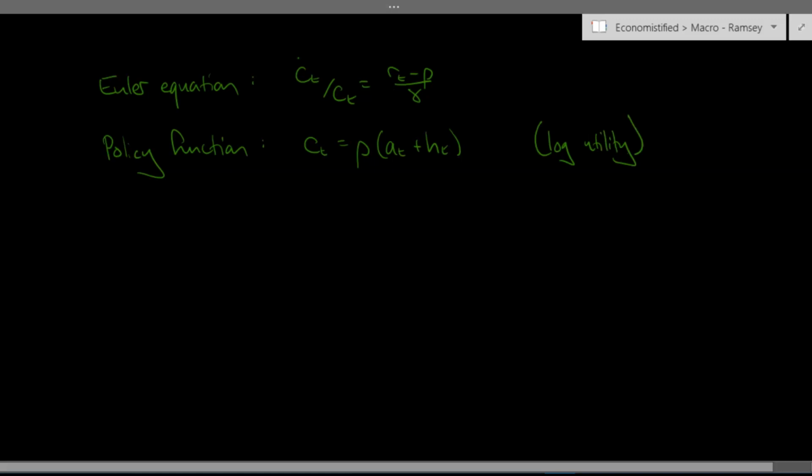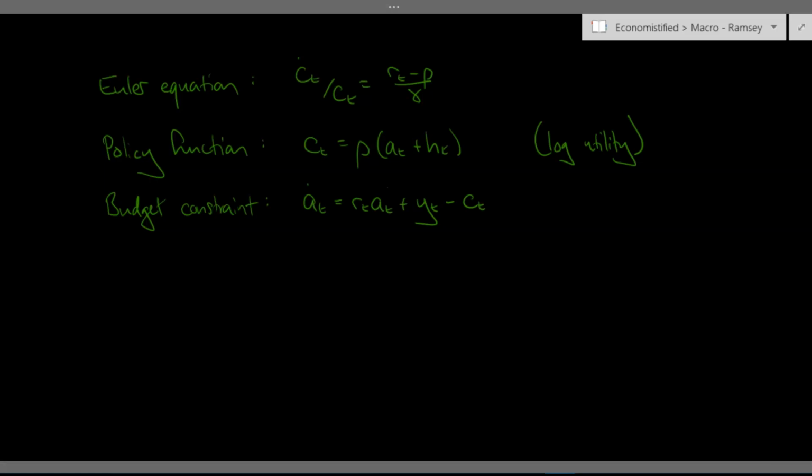This is for log utility. And we have our budget constraint, and I'm just going to write this as the flow budget constraint, which remember was just A dot equals r_t times A_t plus y_t minus c_t.